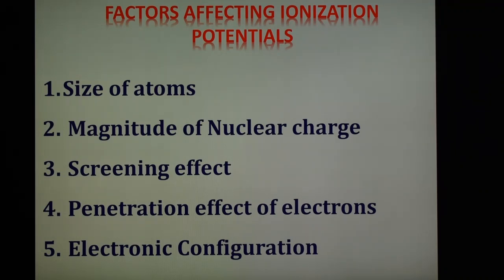They have the highest ionization energy value as compared to other elements in the period. The second point is that elements like nitrogen and phosphorus have half filled configurations. Such configurations are quite stable and require more energy for removal of an electron, and therefore the ionization potential of such elements is also relatively high as compared to other elements.